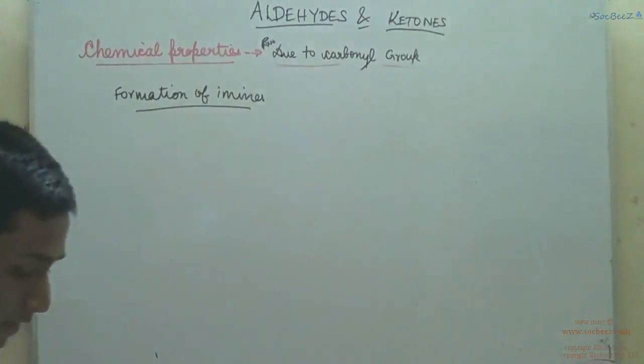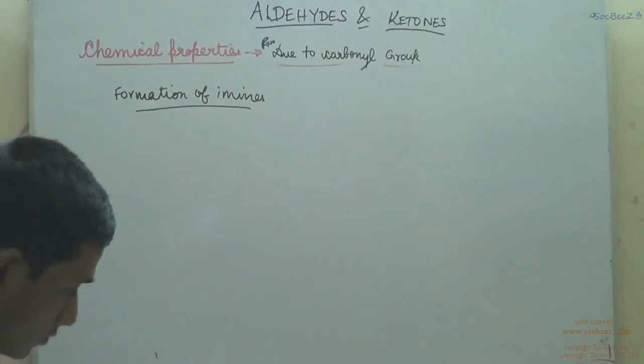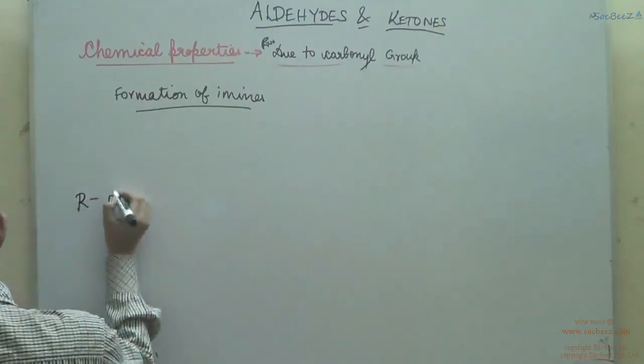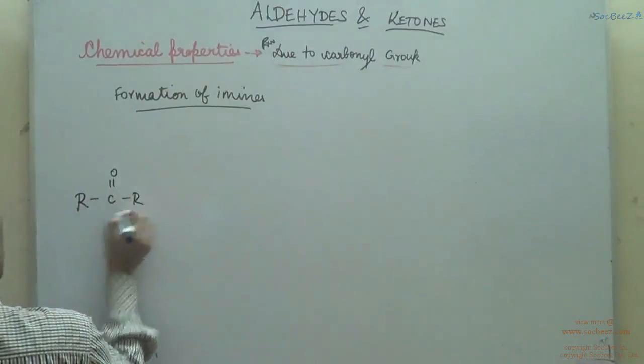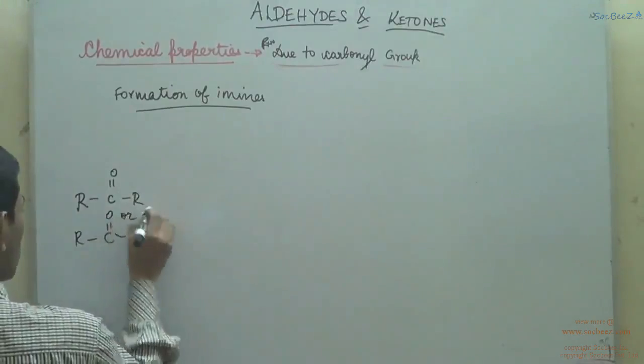Let me look into some examples. R C double bond OR or R C double bond OH, aldehyde or ketone.